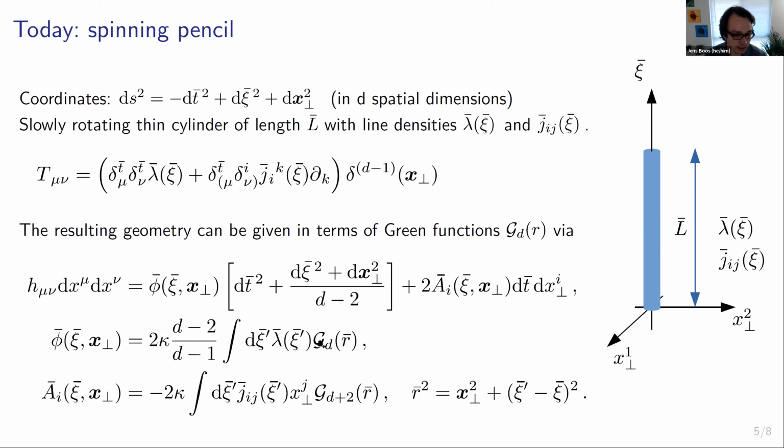And then you can look at these expressions, and of course they involve integrations over the xi bar direction because we allowed for these non-homogeneous mass distributions. You notice also here that the d-dimensional green function enters, and also the d+2 dimensional green function enters, and that is because you can see the rotation here comes with a derivative, and you can show using this previous representation of the green function that if you act with a derivative on it, you get a higher dimensional green function. So these are methods that you can use to simplify your expressions.